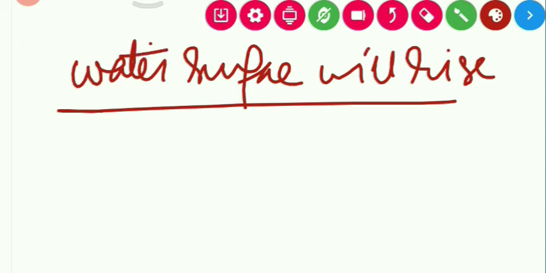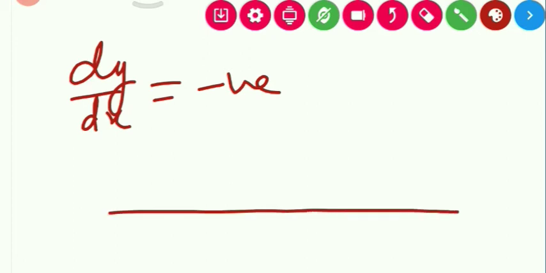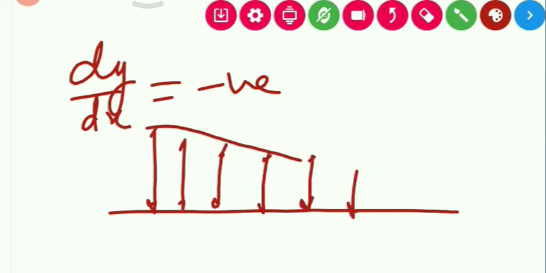If dy by dx is negative, meaning along the length of the flow the depth is decreasing, then the water profile will be falling.